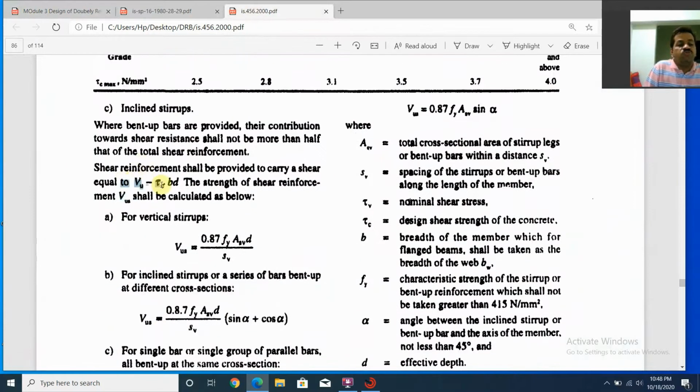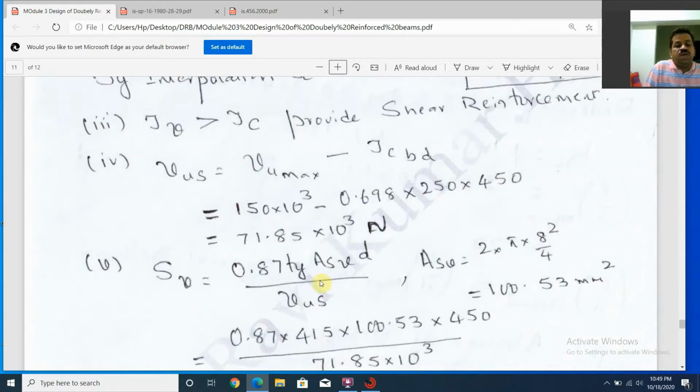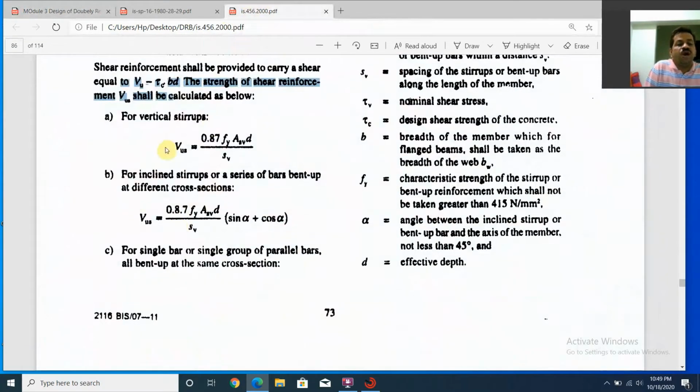So hence I substituted the Vu max, I substituted the tau C, b into d 450, hence I will get as 71.85 into 10 cube Newton.